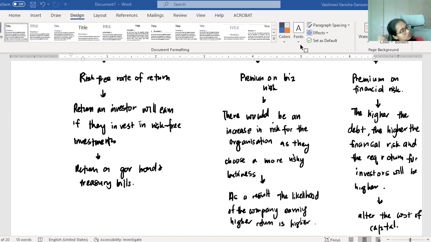Now let's go into a little bit more detail where we will look at the cost of equity and the cost of debt. Okay, so what is the cost of equity, guys?